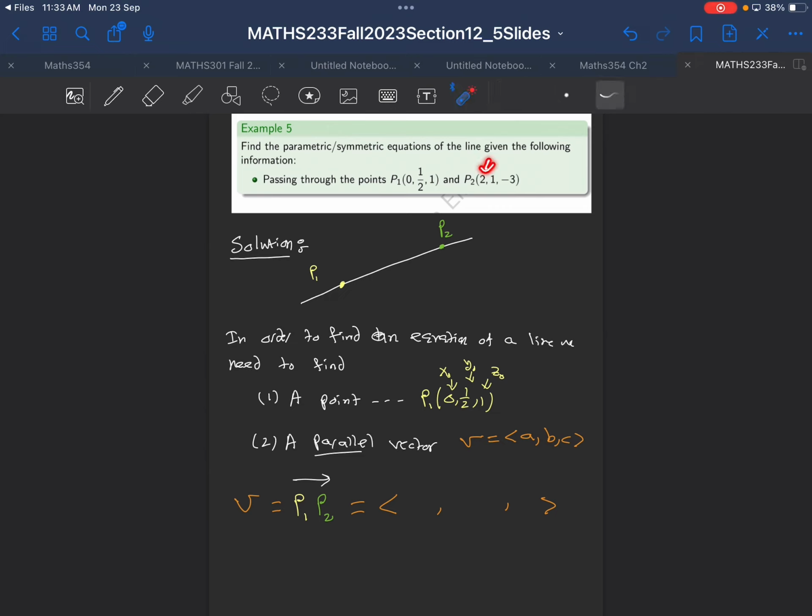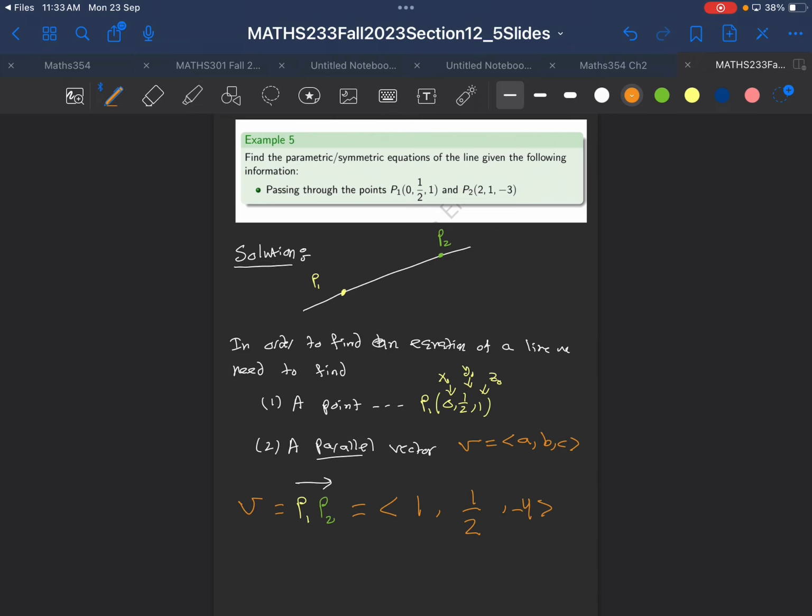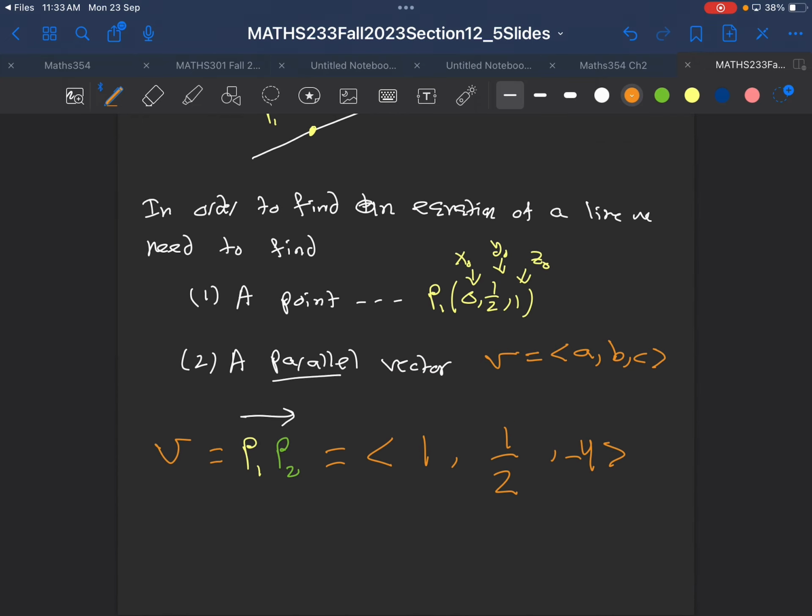So all we need to do is 2 minus 0, and this is 2. And then 1 minus half, again half, negative 3, negative 1, negative 4, and those are my A, B, C. Once we have A, B, C, once we have the vector itself, we can find the equation of the line.